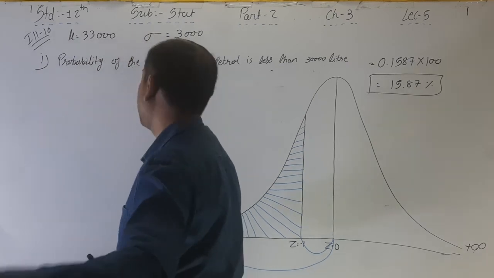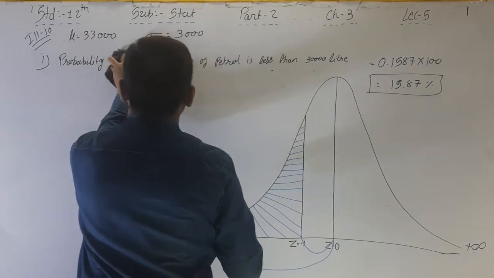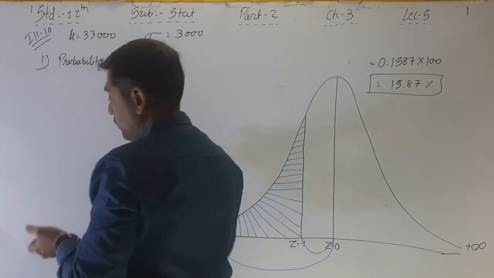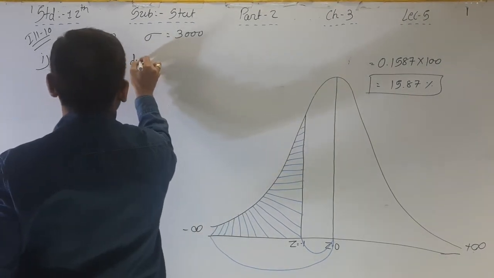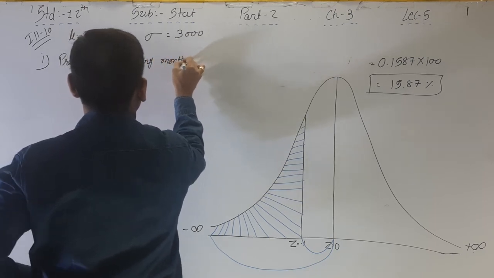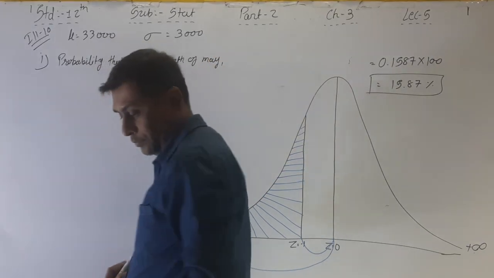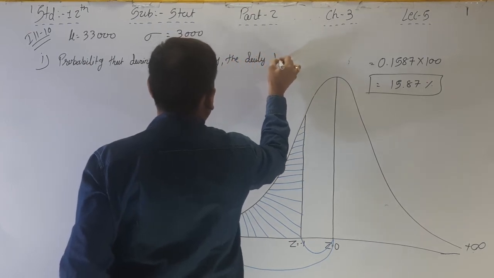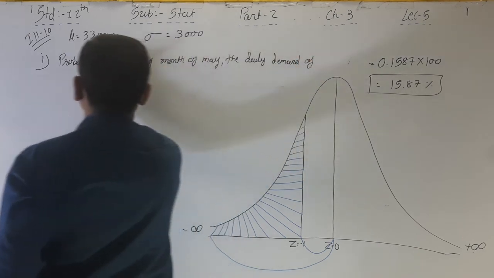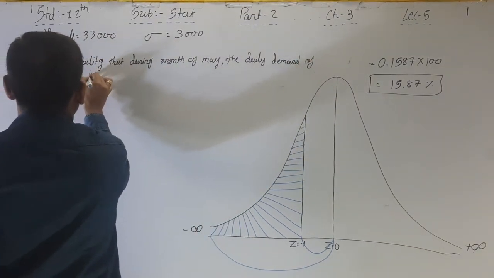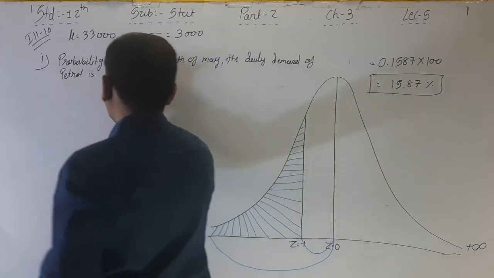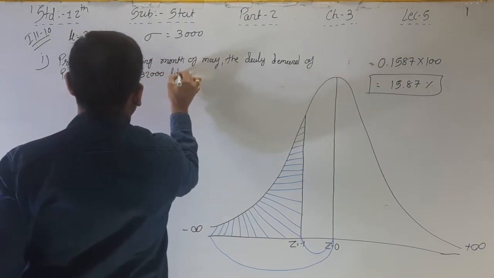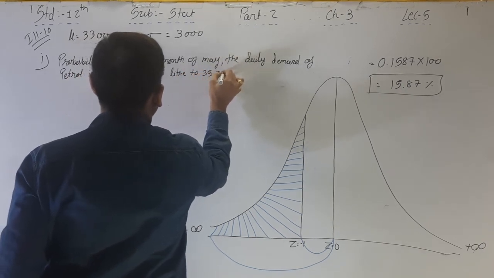Probability that during the month of May, the daily demand of petrol is between 32,000 liter to 35,000 liter.